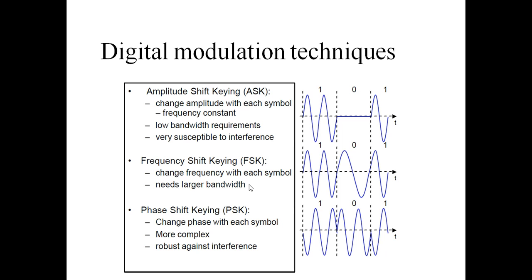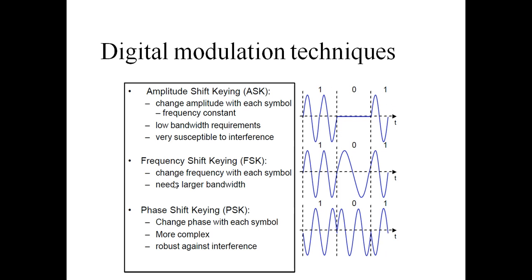In this diagram, in amplitude shift keying, only the amplitude changes with each symbol, and the frequency is constant. It has low bandwidth requirement and is very susceptible to interference. Here we see that for 1 a sinusoid is transmitted, for 0 no carrier signal is transmitted, and again for 1 a sinusoid is transmitted.